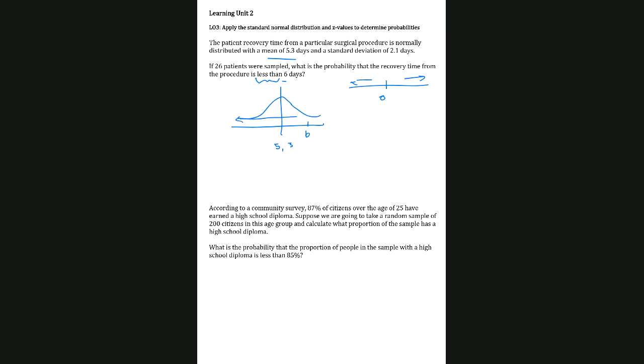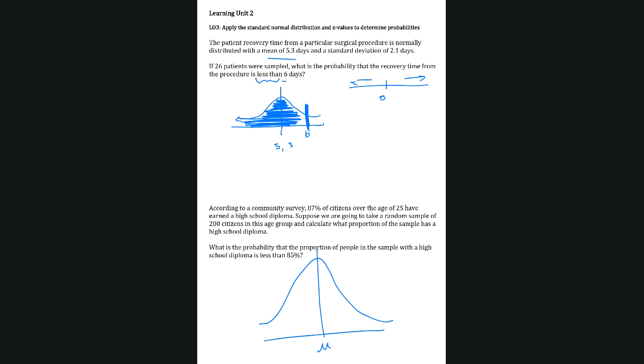So less than 6 days says that we're looking at everything from this point onwards, so basically this whole portion that is now shaded. Now the rule when it comes to your normal distributions is that, and I'm going to draw up a diagram for you here, which is going to assist you when you look at these types of questions.